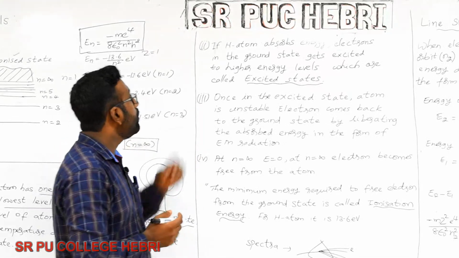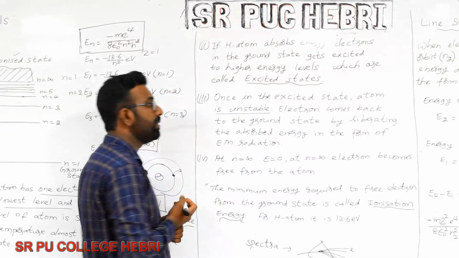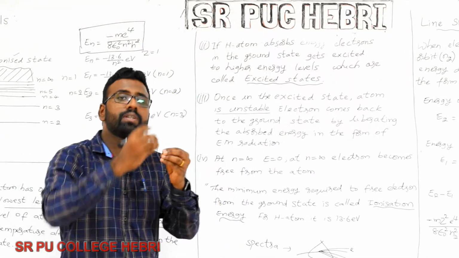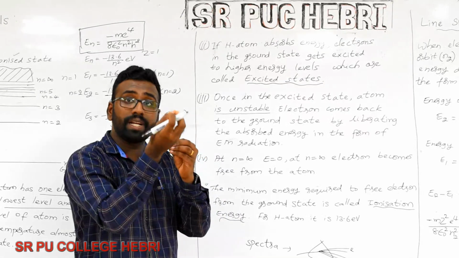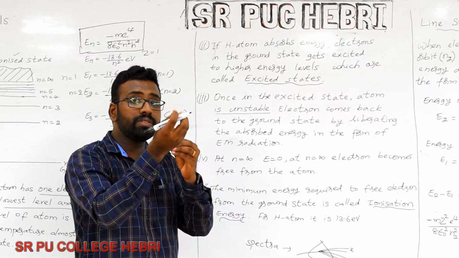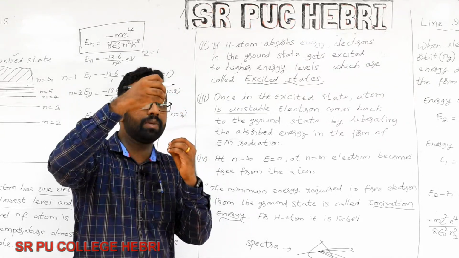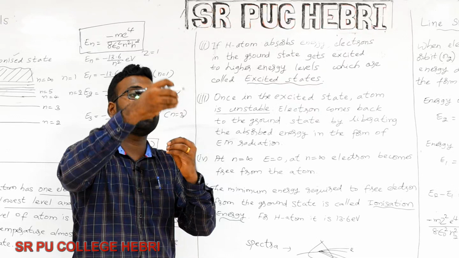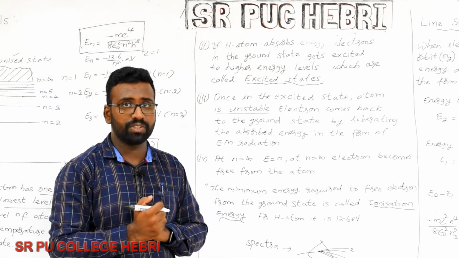Third point, once in the excited state, the atom is said to be unstable. When the electron gets excited to the higher energy state, that is not its actual position, so the electron in the higher state is unstable. After some time it gets de-excited to the lower energy state or the ground state.